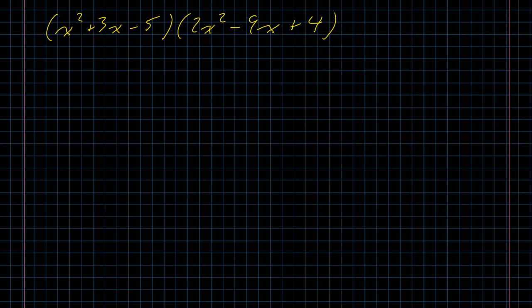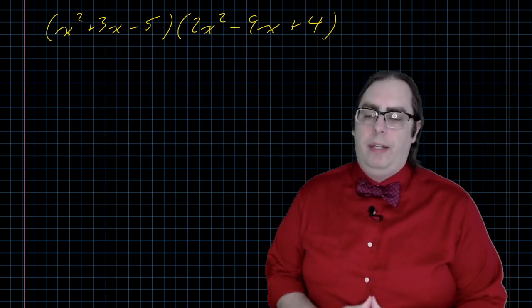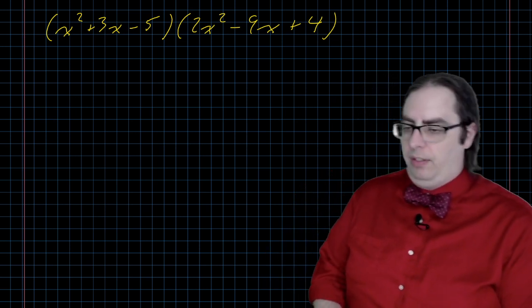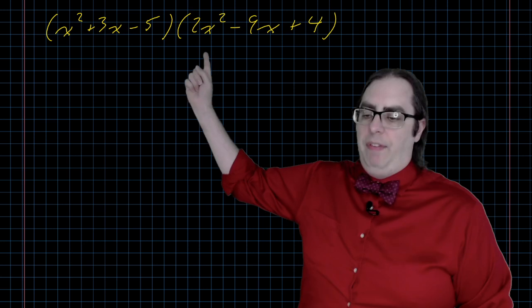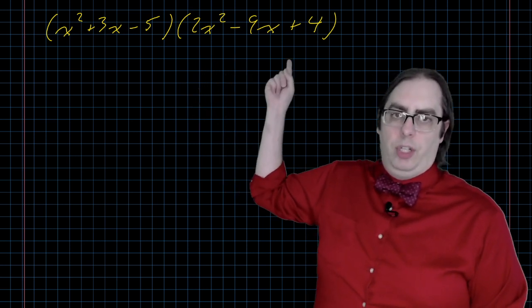So I have x squared plus 3x minus 5 times 2x squared minus 9x plus 4. All right. The trick that I'm going to use here relies on my polynomials here each being complete. By complete, I mean I have an x squared term, I have an x term, I have a constant term.